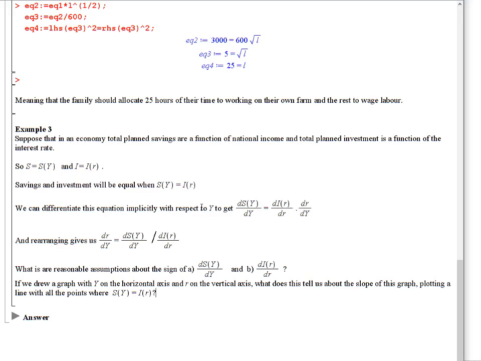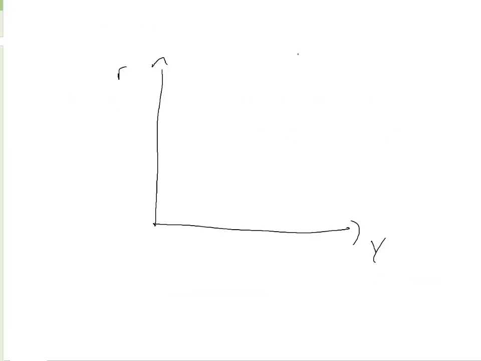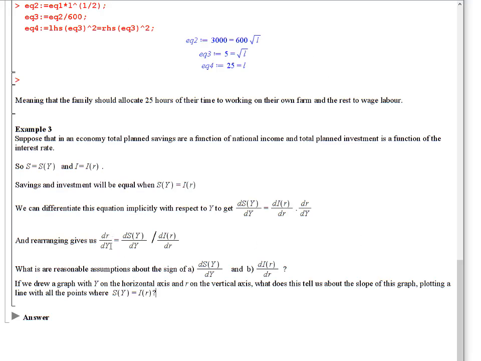The slope would be given by dr by dy, which is exactly what we've got. And if we're assuming this is positive and this is negative, a positive number divided by a negative number is going to be a negative number.